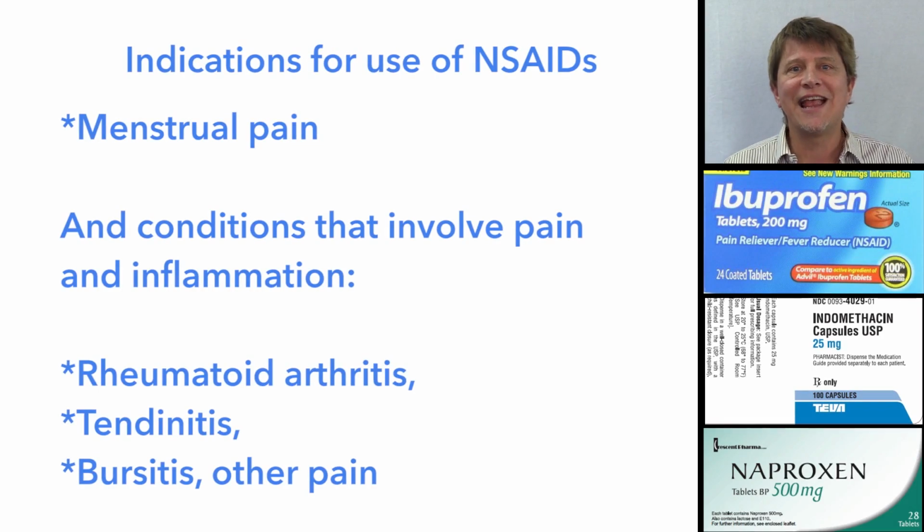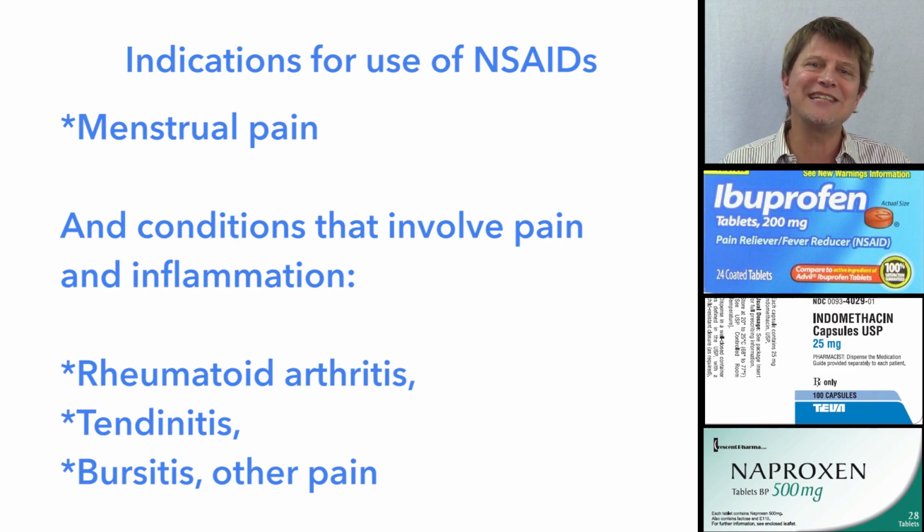So ibuprofen, indomethacin, and naproxen are used primarily to treat fever and reduce pain from painful conditions, especially if they involve inflammation. But one thing about all analgesics is that none of them are going to be effective in all people, and none of them will be effective for all types of pain.